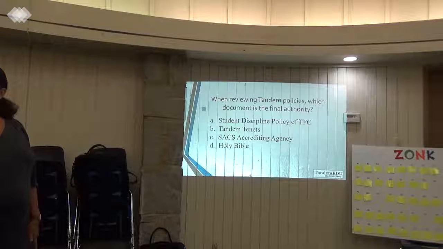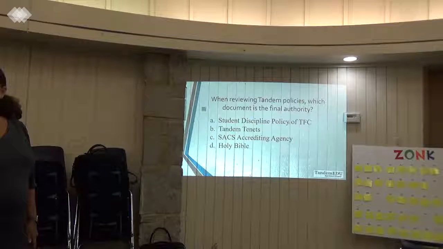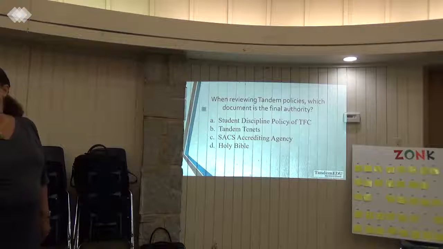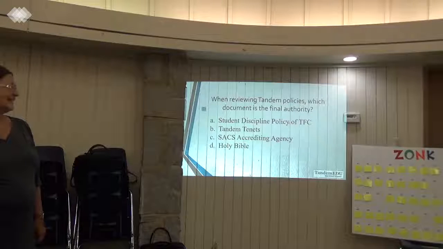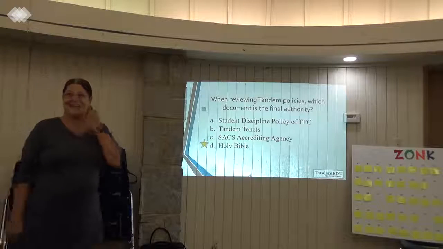Okay, so for Tandem, which one's our final authority? It's reviewing Tandem policies. As contained in the Tandem policies, I think is the B. Okay, we'll go with B. No, you did not.